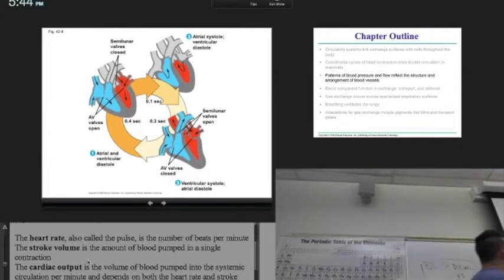So notice the time scale here. One cardiac cycle is really short, less than a second.